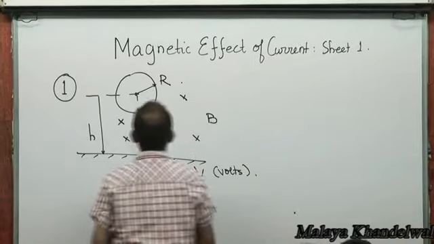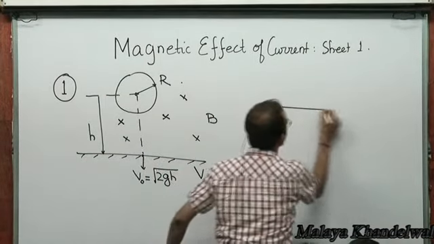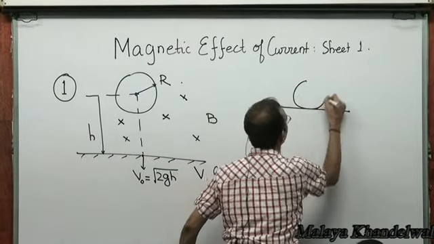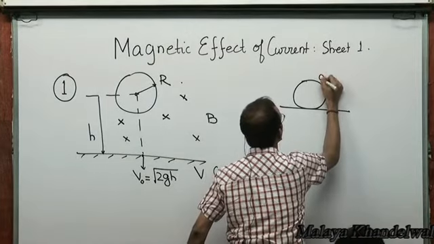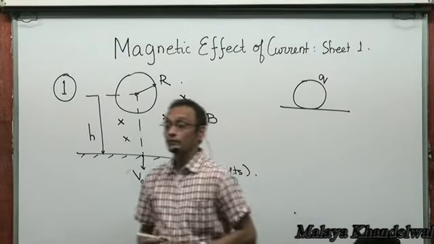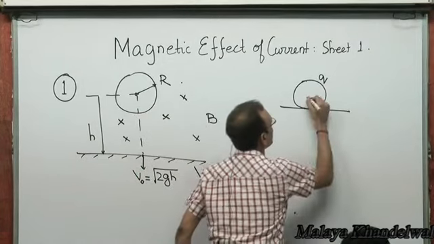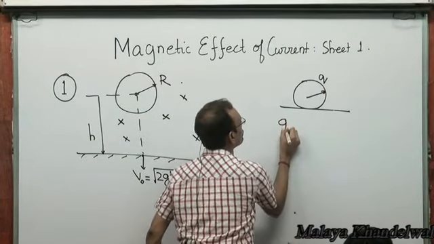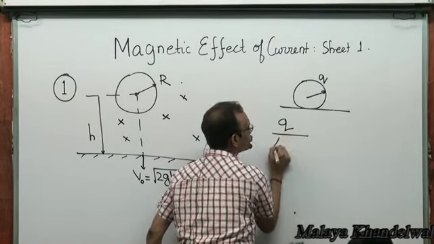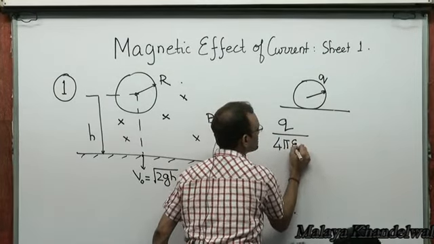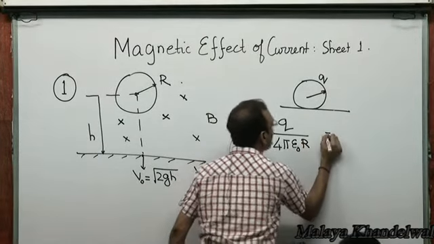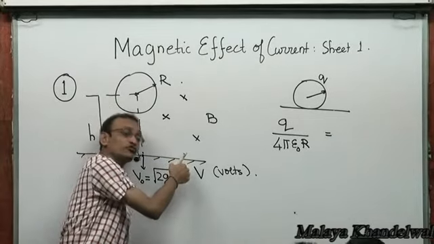So when it falls on the conducting plane, it acquires a charge q from the plane such that kq by r, that is q by 4 pi epsilon naught r, which is the potential to which it gets raised, must be equal to V volts, that of the conducting plane.